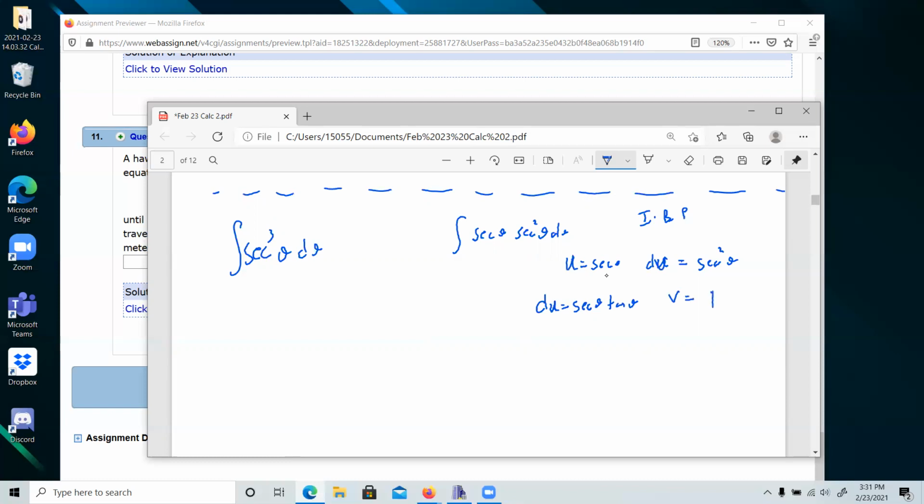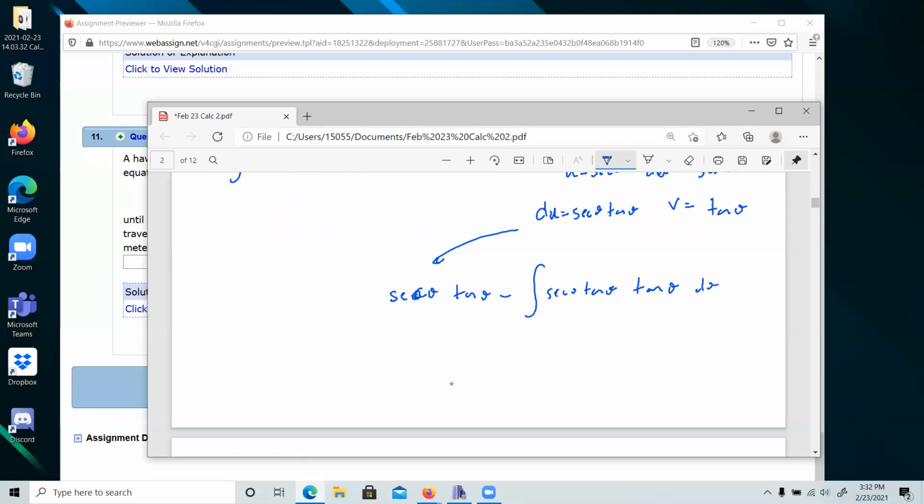What's the integral of secant squared? Is that a tangent? Okay, so v is going to be tangent theta. So this is going to be secant theta tangent theta minus the integral of secant theta tangent theta times tangent theta d theta.